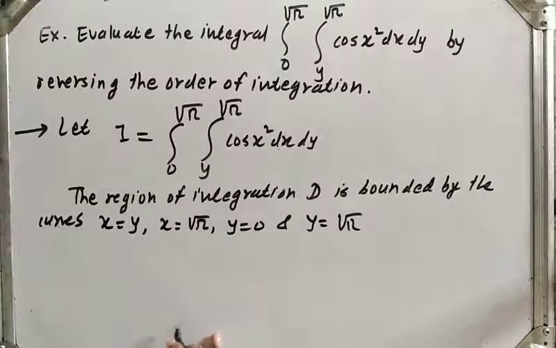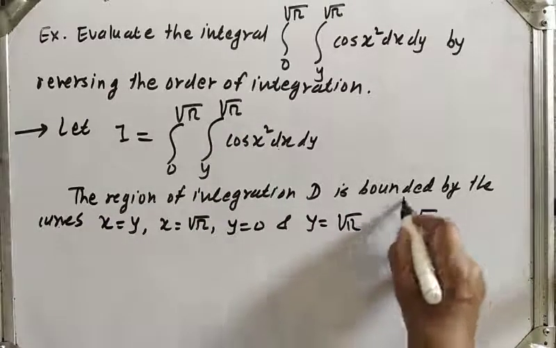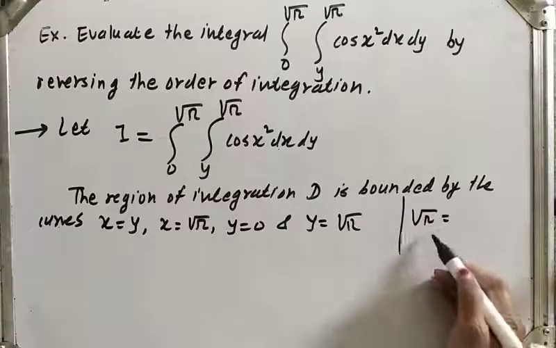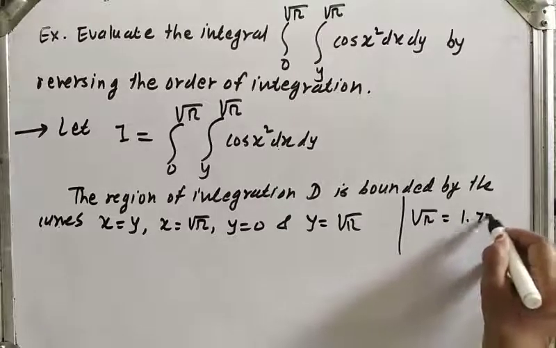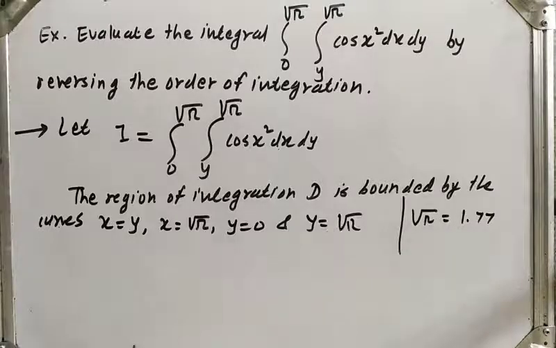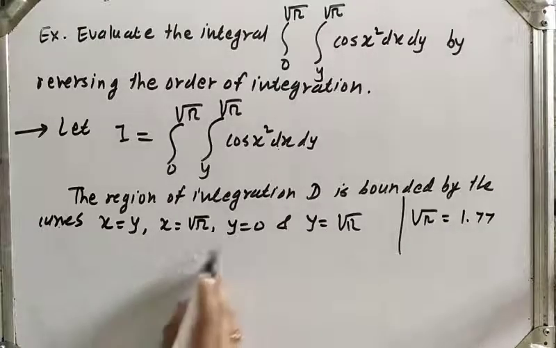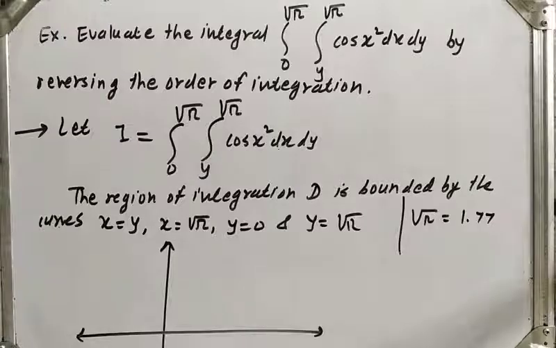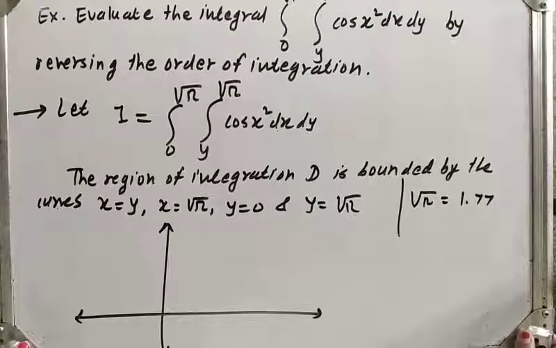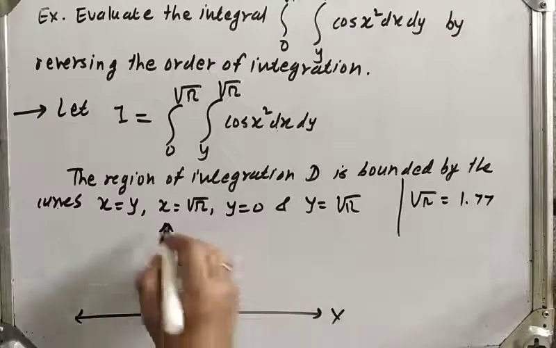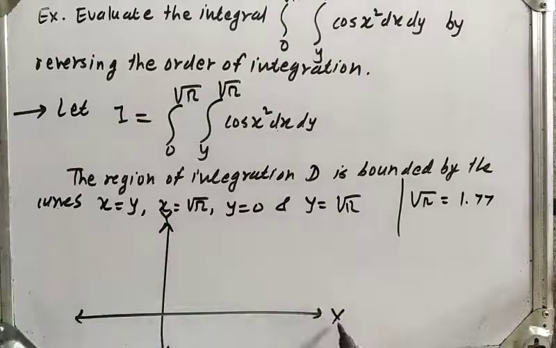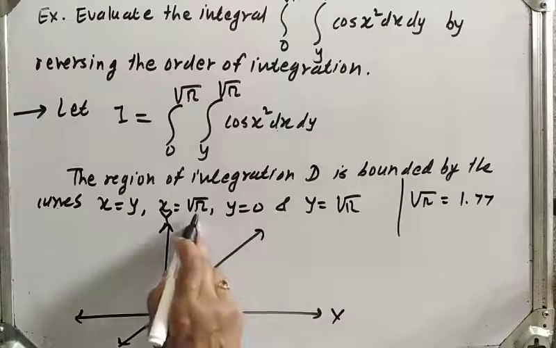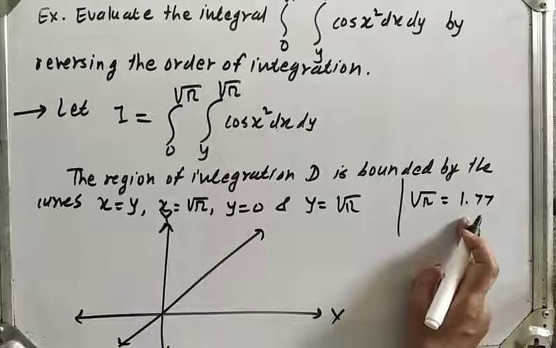Now the value of root pi, if you calculate it, is 1.77. Okay, now let us plot the graph. So x is equal to y, so the graph will be x, y. Y is 0 means x-axis, then x is equal to y means this straight line. Okay, x is equal to root pi, its value is 1.77.